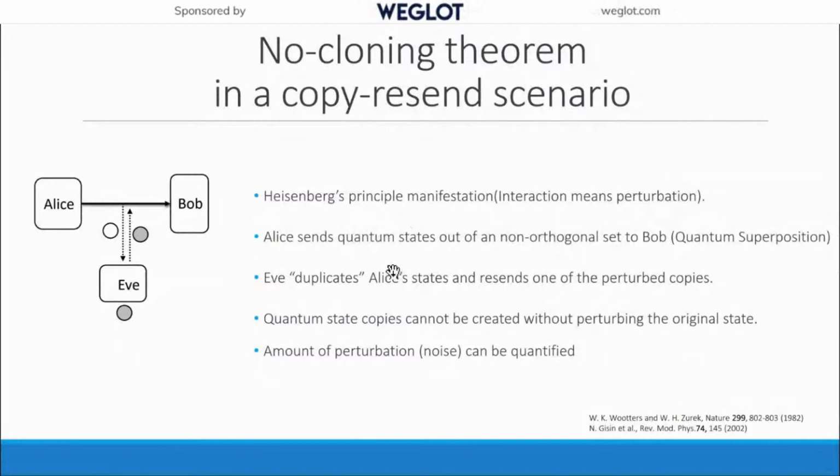And now imagine that Alice is sending her signals to Bob, and there is someone, Eve, that can take the signals, make a copy, and resend this to Bob. If the states were classical states, then this could work for Eve perfectly. But with quantum states, assuming this interaction and perturbation assumption, Eve cannot copy the state perfectly.